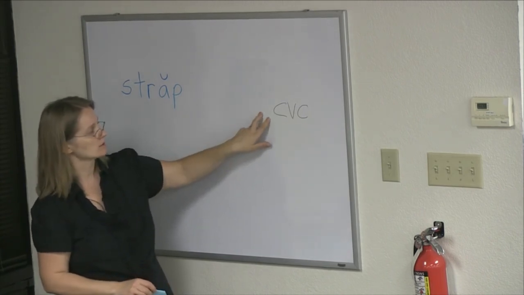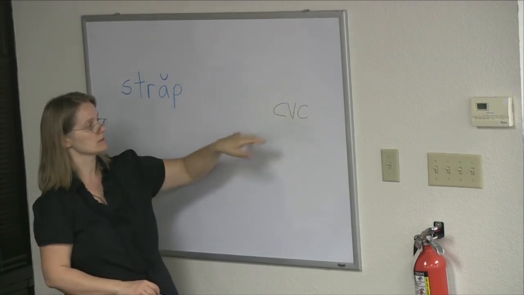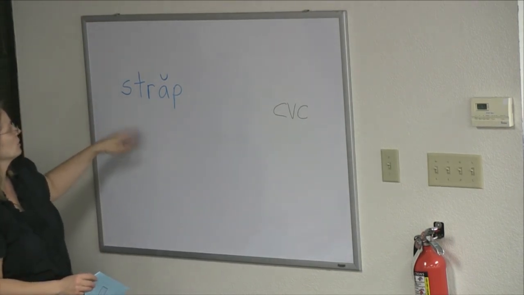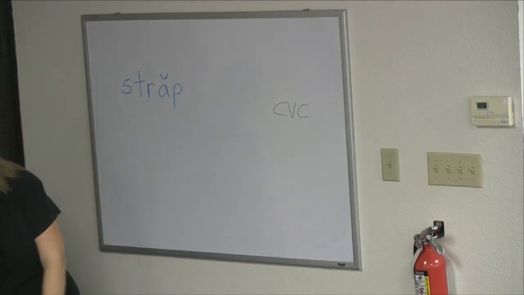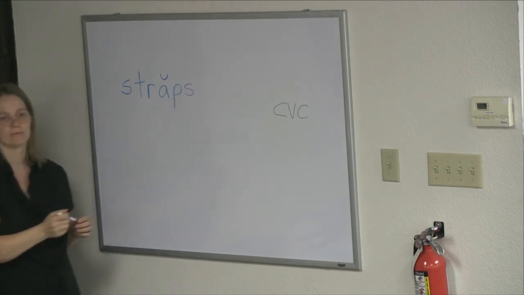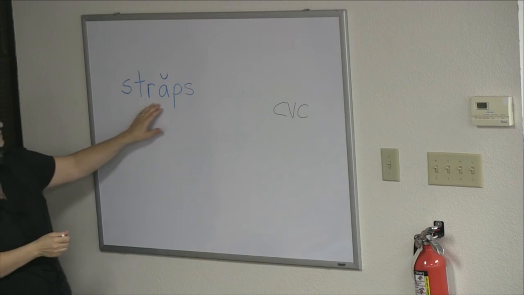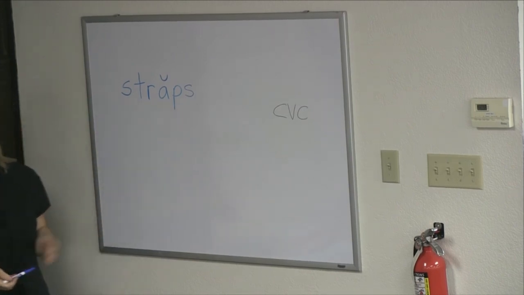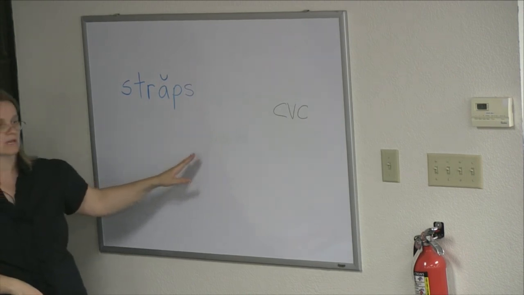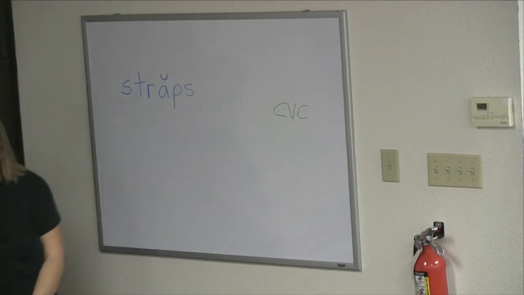You could have two consonants in the front, even three consonants in the front, maybe two consonants at the back, or even combining that. You know, straps. He straps his backpack on. Still following the same rule. So you see how it is very phonetic. All these letters are saying exactly what they should be saying, but they're just getting more complex.